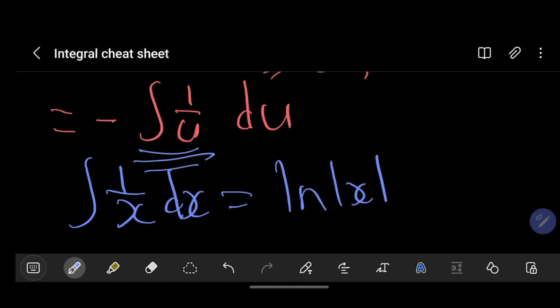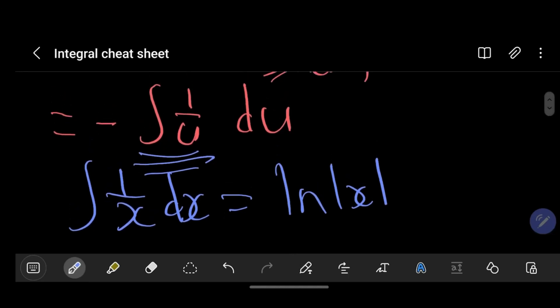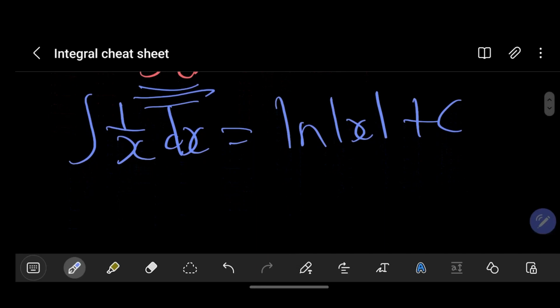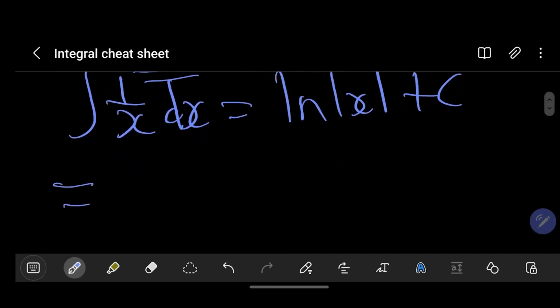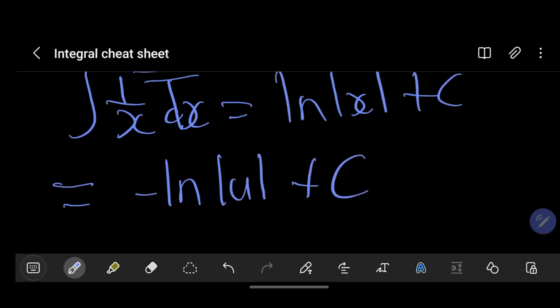Okay, so if we apply this rule from what we previously learned, which was the reciprocal rule, we would now have this equal to minus ln of u plus c.